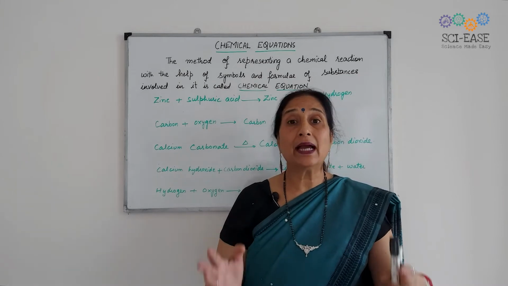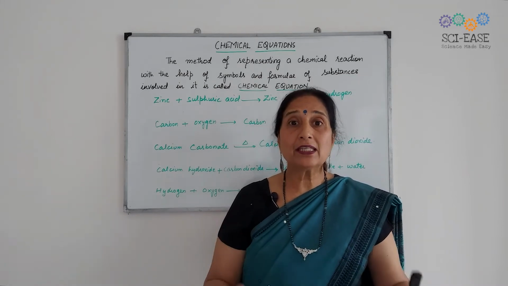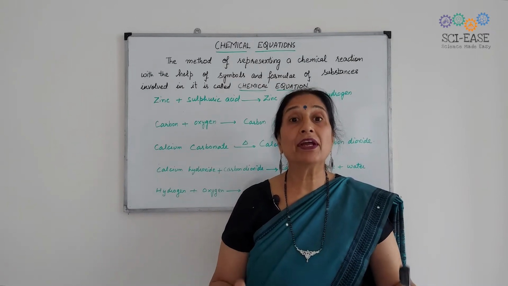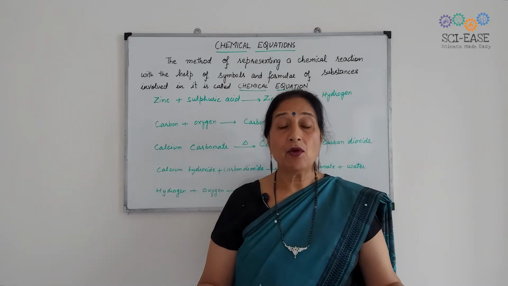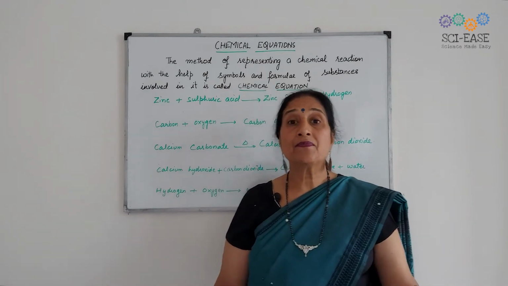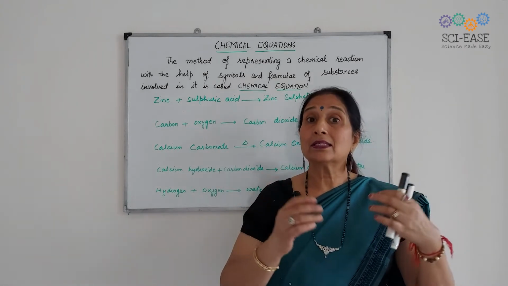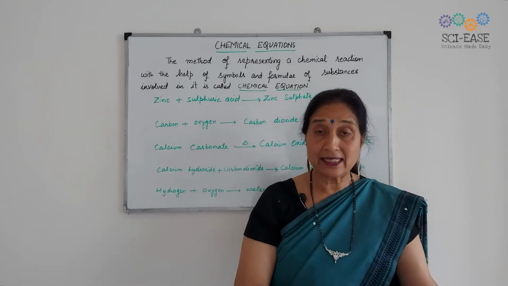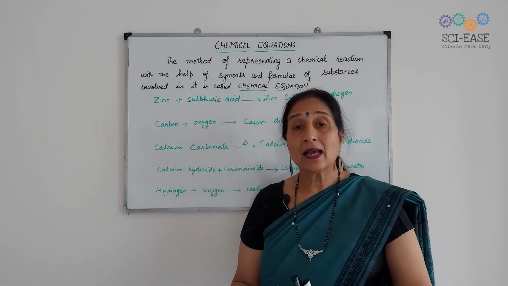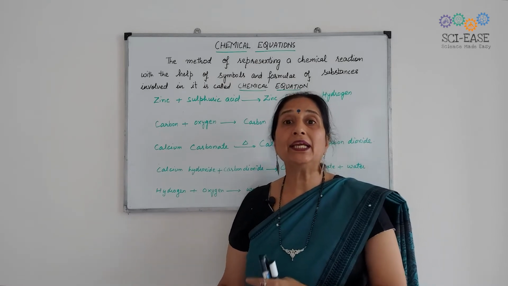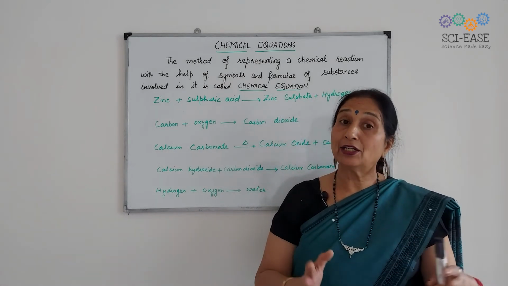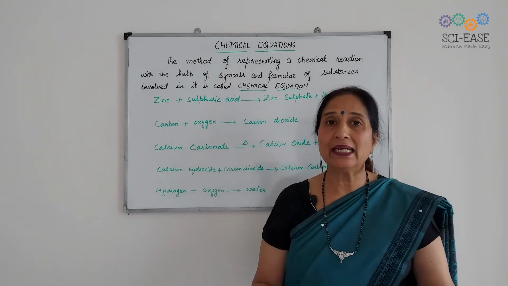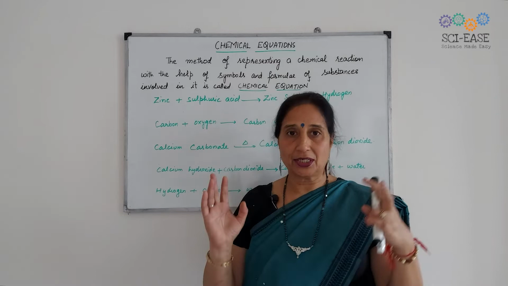For writing chemical equations, the first thing is you should know the symbols of the various elements which are commonly used, and then some common substances like some acids, bases, and salts which are commonly used in chemistry. Then and only then you will be able to write the chemical equations.